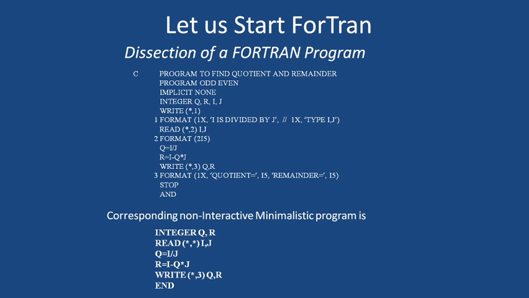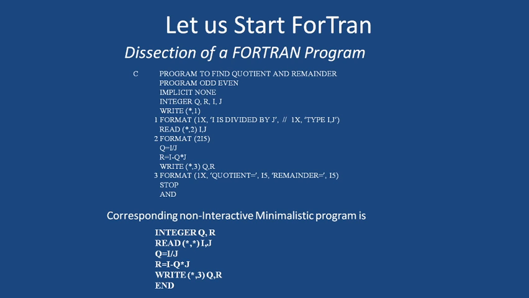In the non-interactive program, we just define the integers Q and R and then ask the computer to read the input given by the user. Then the computer finds the quotient and remainder, and in the next step it writes the quotient and remainder and comes to an end.